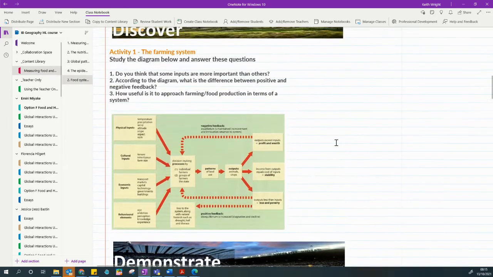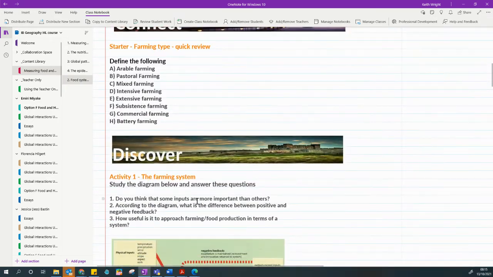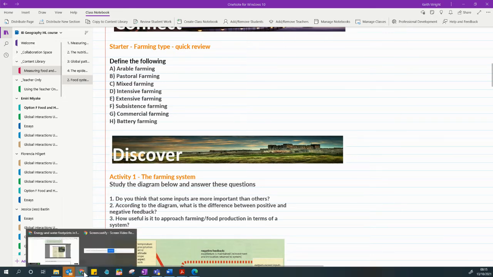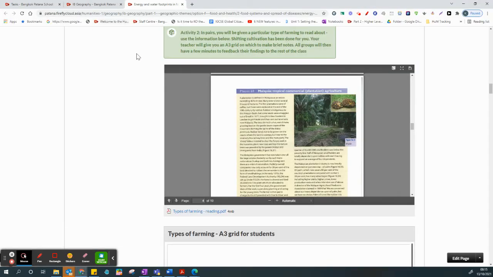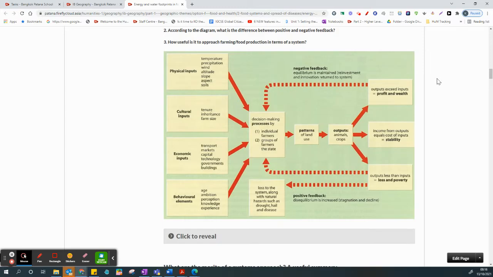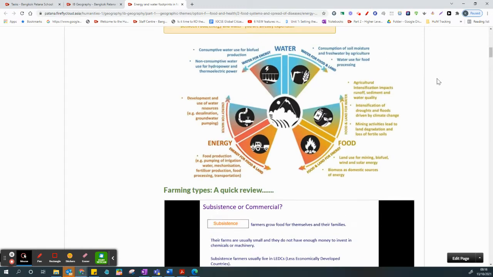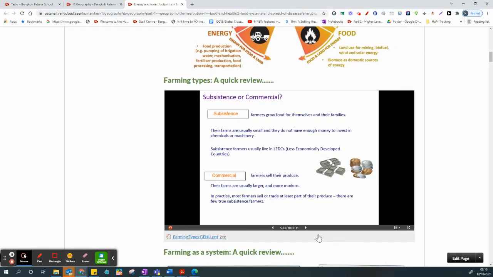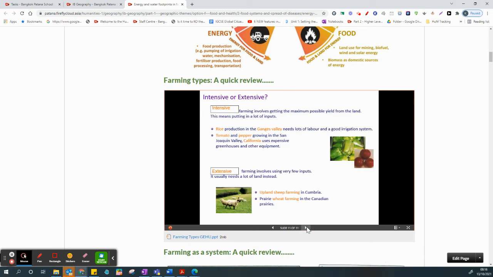One thing I should just go over is the difference between intensive and extensive farming, because you do need to understand. There can be 2 types of intensive: labor intensive or capital intensive.